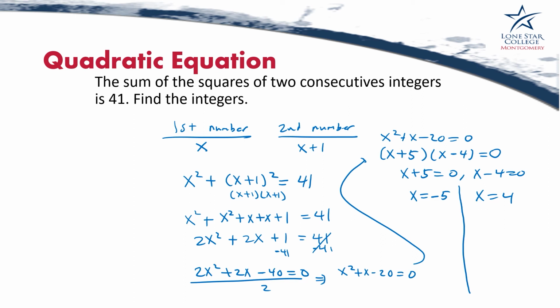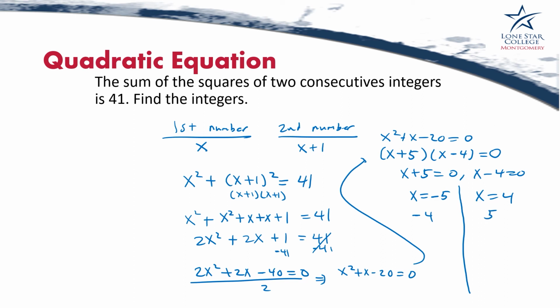If the first number is negative 5, the second number would have to be the consecutive one, negative 5 plus 1, which is negative 4. Same thing on the other one. If the first number is 4, the next number would have to be 4 plus 1, which is 5. So we have two different sets now.